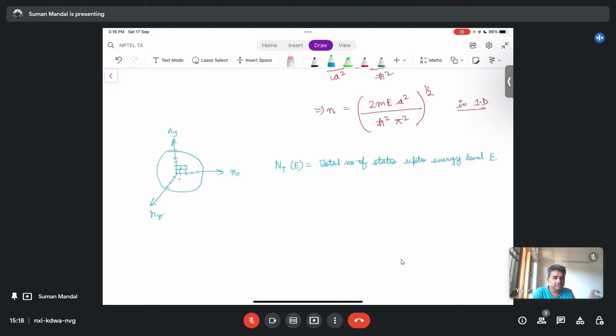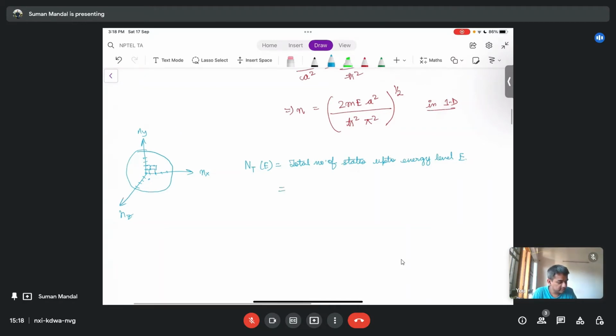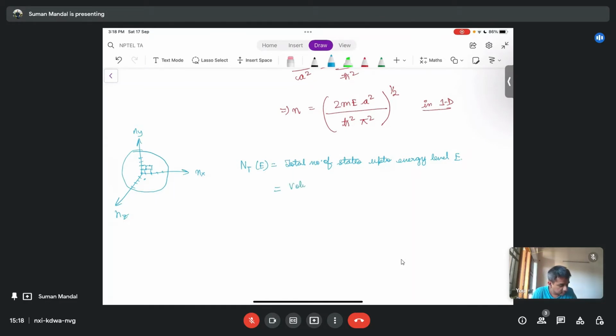So the way you can tell the total number of states is the volume occupied by all the states in n space, where the unit vectors are nx, ny, nz, divided by the volume of each state in n space.